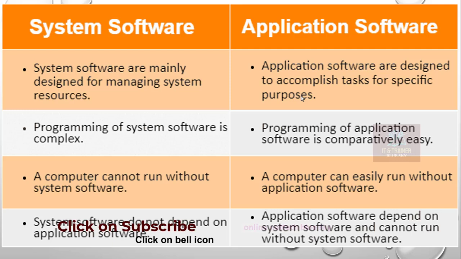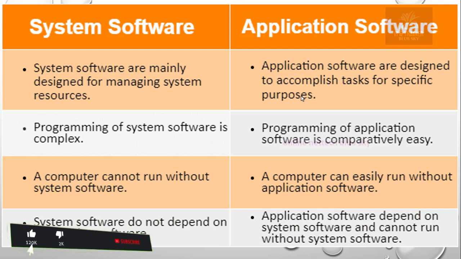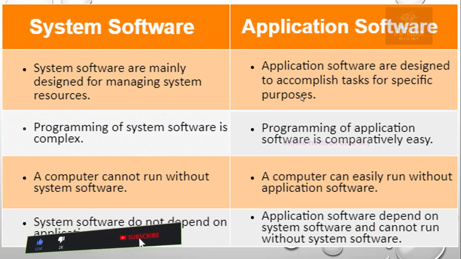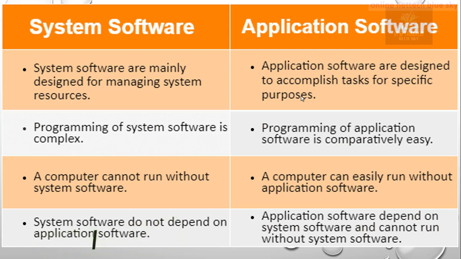It is like the brain of your system. Any device like an Android mobile has an Android operating system, Android software. Without it, you cannot start your Android applications, because it is very important.